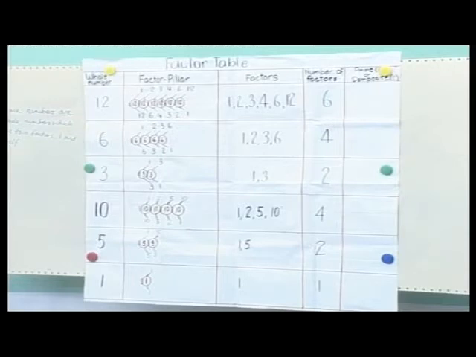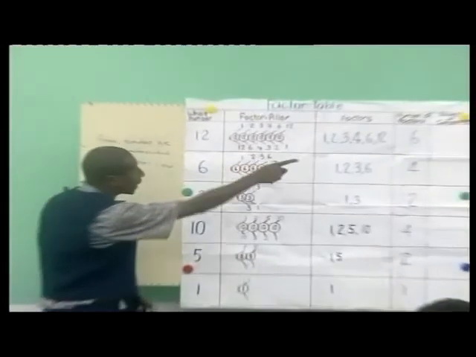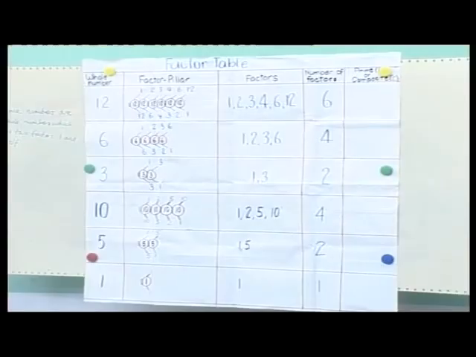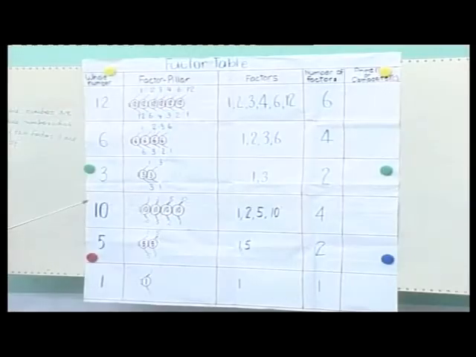Okay, 12 is one whole number which has more than 2 factors. What is the other one? Any more? 10. Look at whole number 10. Does it have more than 2 factors? Yes.